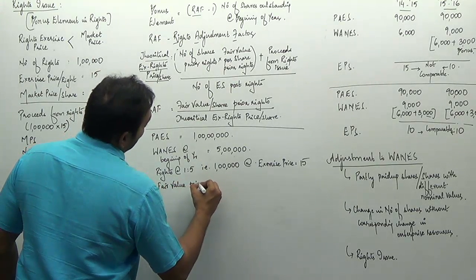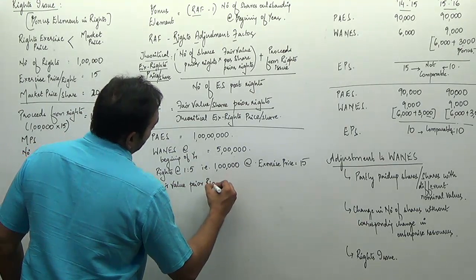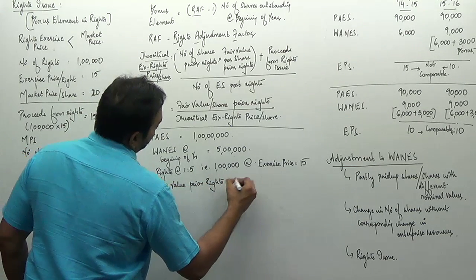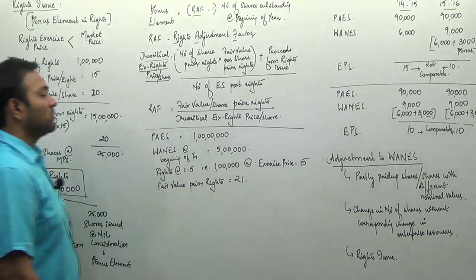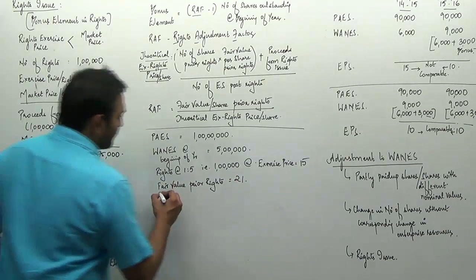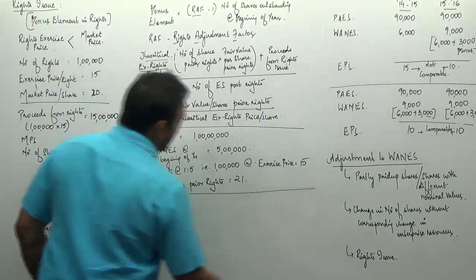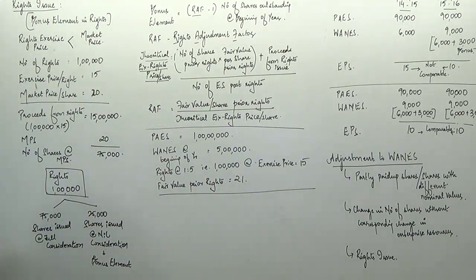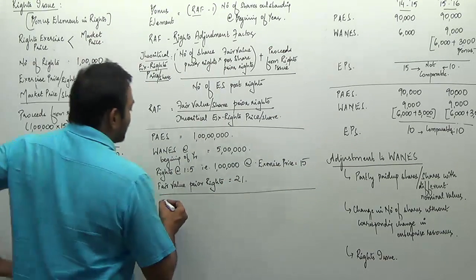My fair value prior to rights is 21. From this information given, if I have to calculate what is your EPS, let's see what we do.